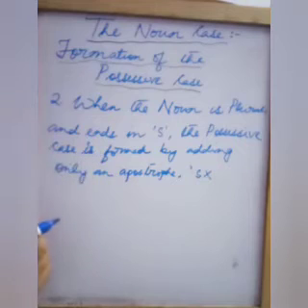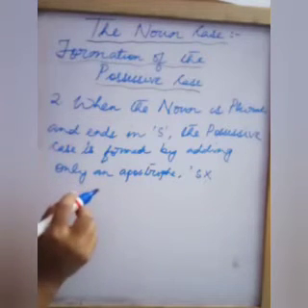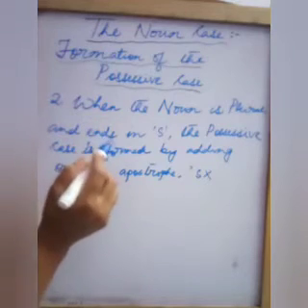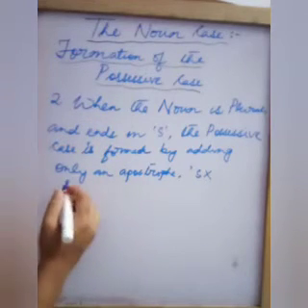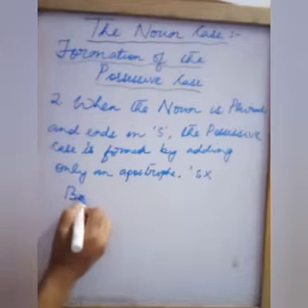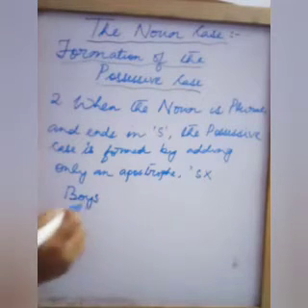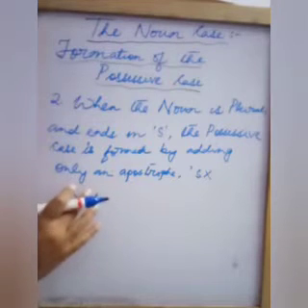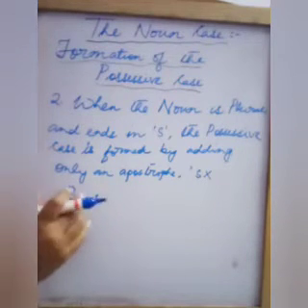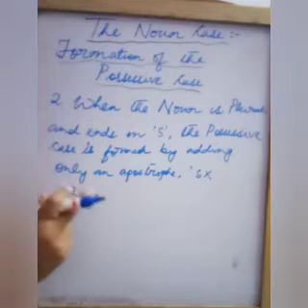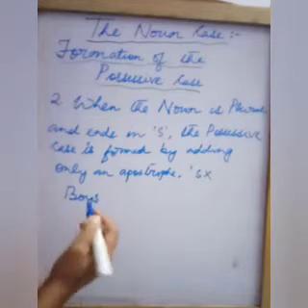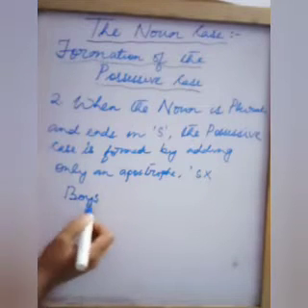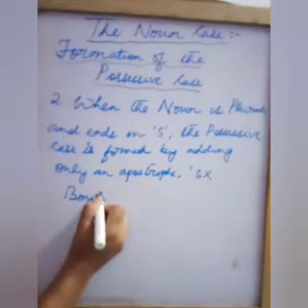Alright, let me give an example, then it will become clear. Say boys. In the first case we had taken the singular noun boy. If it becomes plural, it will become boys. Now say it is a school of boys, a boys' school, not a co-ed school. So if we want to write boys' school, we take this plural word boys and we want to show the school of these boys, so we will add an apostrophe here.